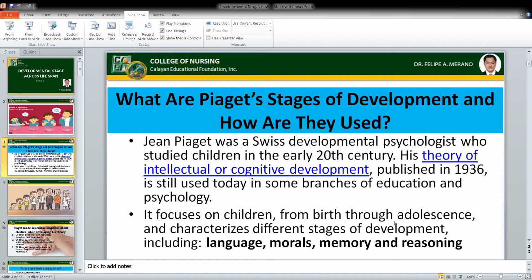reasoning. Every person who is born doesn't have any language, doesn't have any words. Everyone is tabula rasa, nothing. So empty. Our mind is also empty and we don't have any knowledge at all. But as we grow older, our language or words will increase.